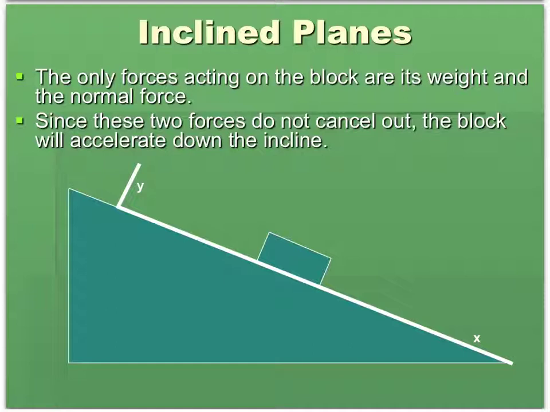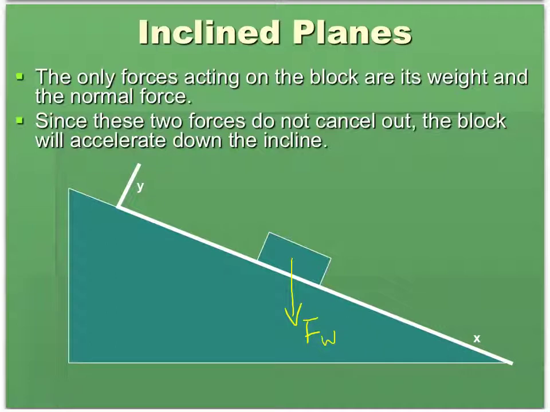Initially on these problems we are going to ignore friction. So for this problem the only forces acting on the block are its weight and also the normal force. We know weight is going to act straight down towards the center of Earth, so here's our FW. And normal force we know is going to be acting perpendicular to the contact surface.